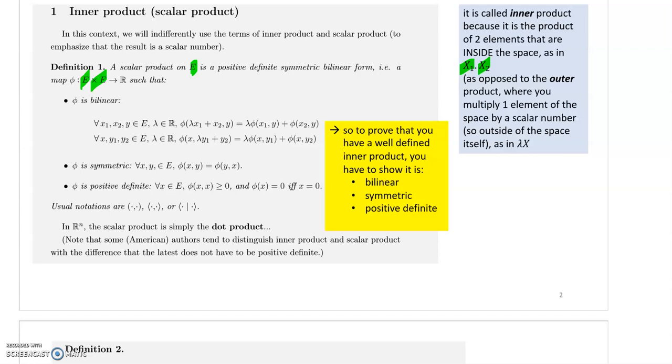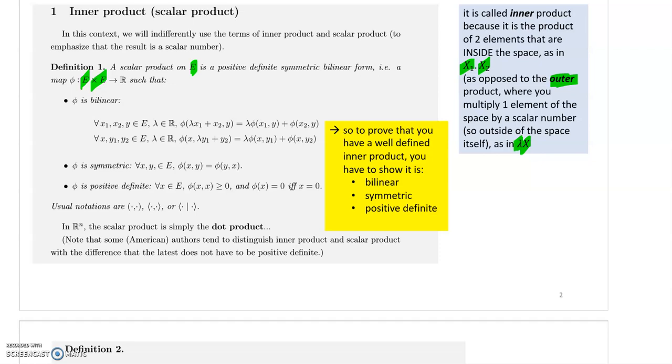That's an inner product because previously we had to define what was called the outer product, where we would take one item in our linear space and one real number, and that's called the outer product because you multiply two things that are not in the same space. Now we take two things in the same space and we want to define a way to multiply them together. As I already said, I'm going to call that inner product.